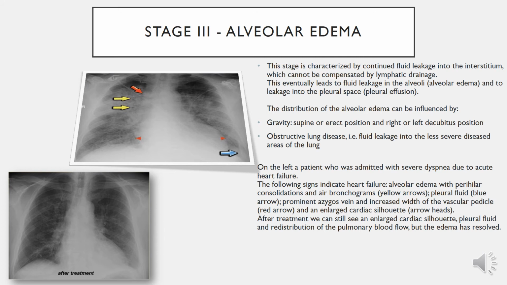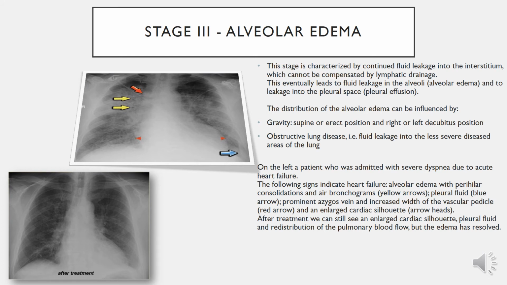If you look to the left, you will see a patient who was admitted with severe dyspnea due to acute heart failure. The following signs indicate heart failure. 1. Alveolar edema with perihilar consolidation and air bronchograms, shown by the yellow arrows. 2. Pleural fluid, shown by the blue arrow. 3.